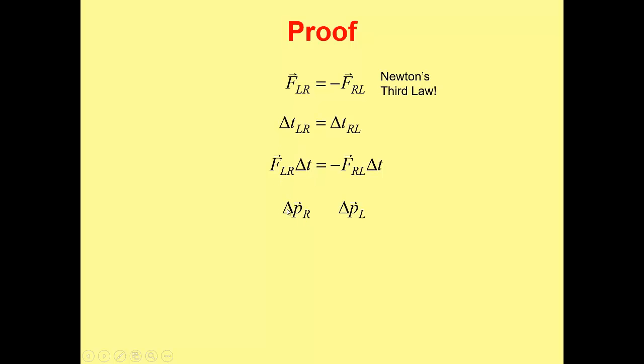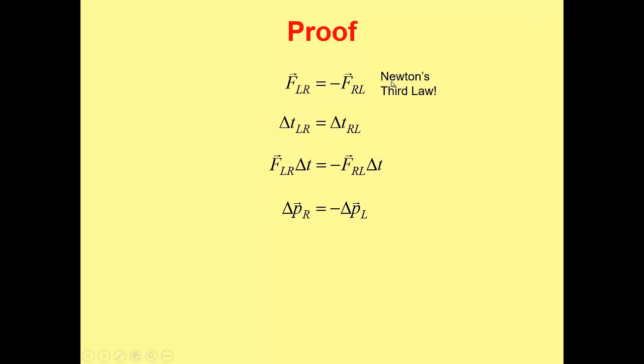Right? And this is, again, the change in momentum of the right cart, because this is the force on the right cart, which would change the momentum of the right cart. This is the force on the left glider, which would change the momentum of the glider. And so that means these need to be equal and opposite to one another.